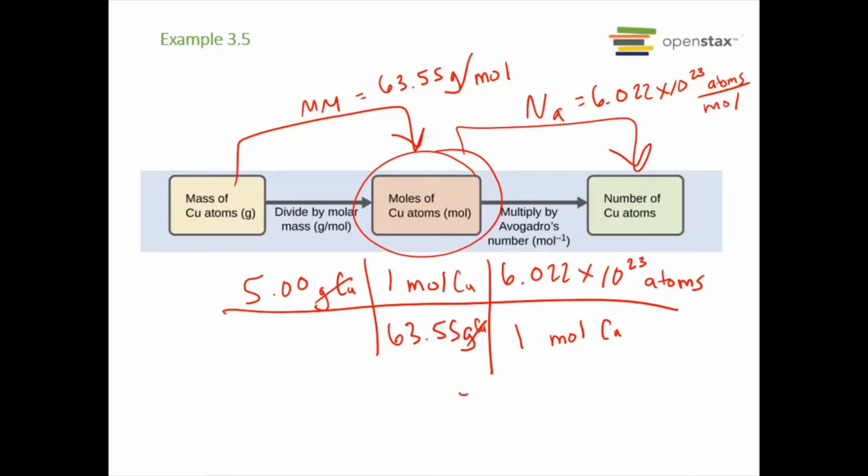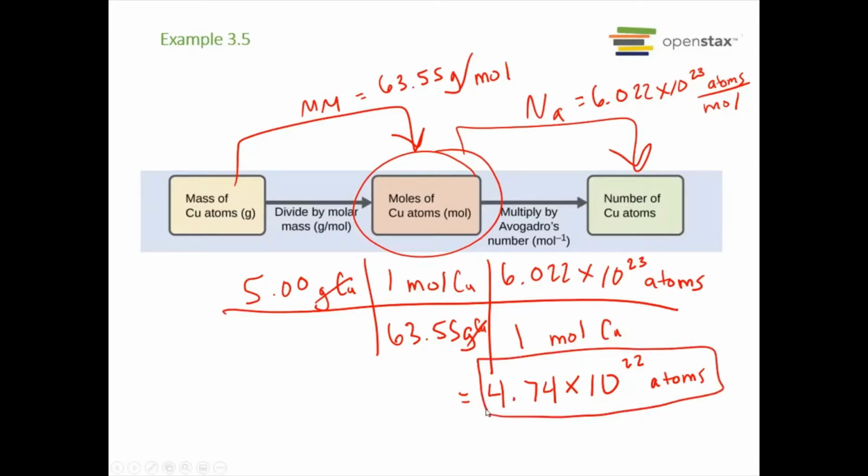And you punch this into your calculator and you should get 4.74 times 10 to the 22nd atoms. That's a lot of atoms. And that's still not even a full mole.